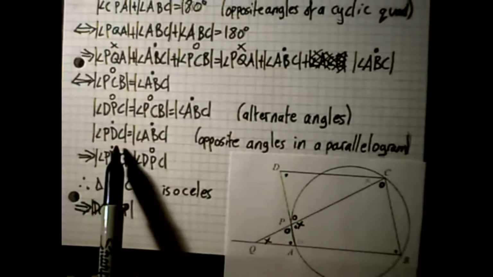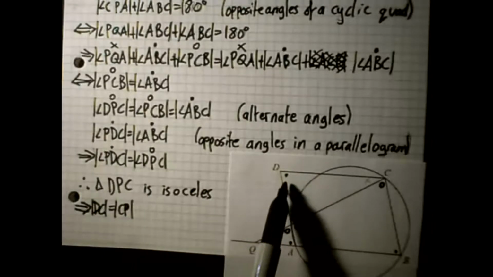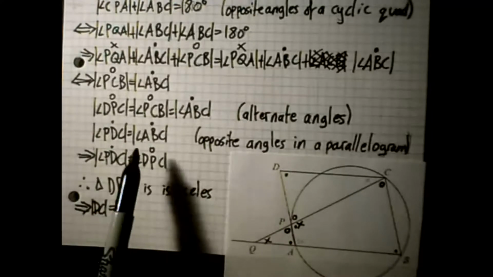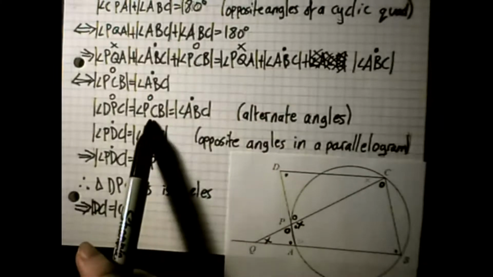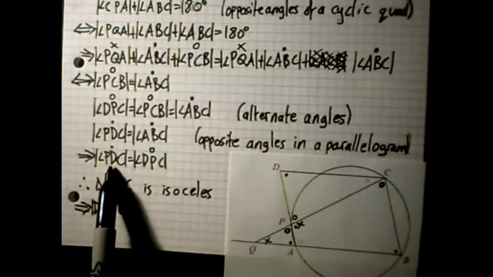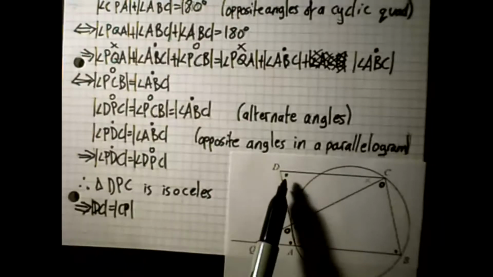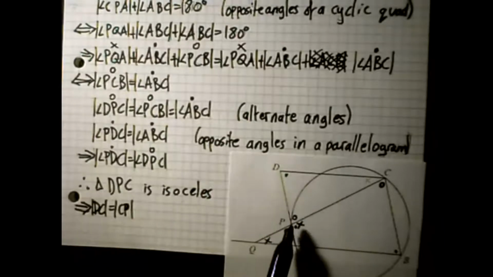Secondly, I know that PDC, that's this one, is equal to ABC, which is here, because they're opposite angles in a parallelogram. And because I know that ABC is equal to PCB, I also know that PDC is equal to DPC. That's this dot is equal to this circle.